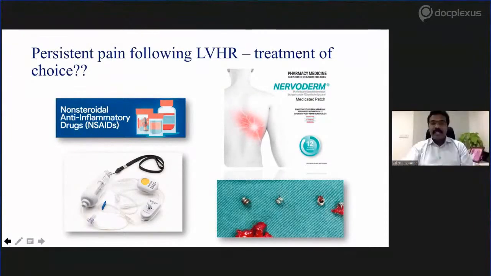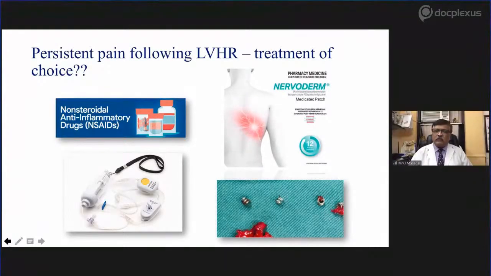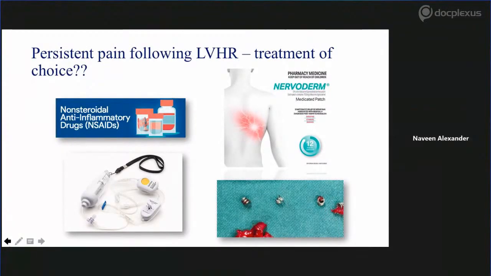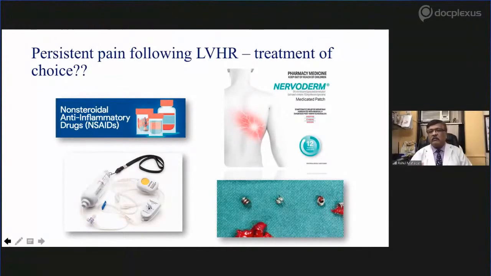See, the main causes for persistent pain are either transfascial sutures or the tacks. So we need to see whether we have used tackers, and to reduce that, what we started using, rather than permanent tacks, is absorbable tacks, which will be completely absorbed at the end of 1 year or so.